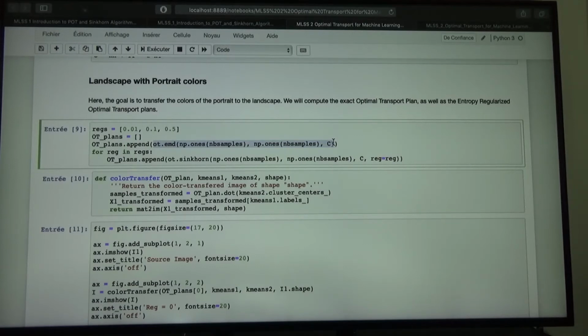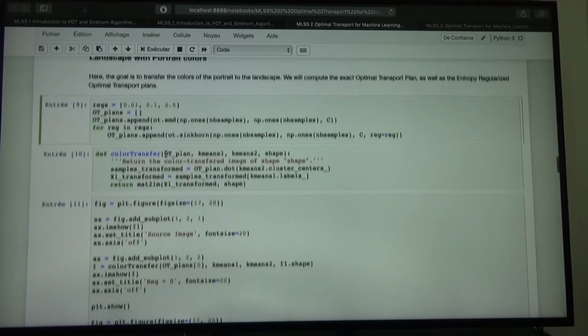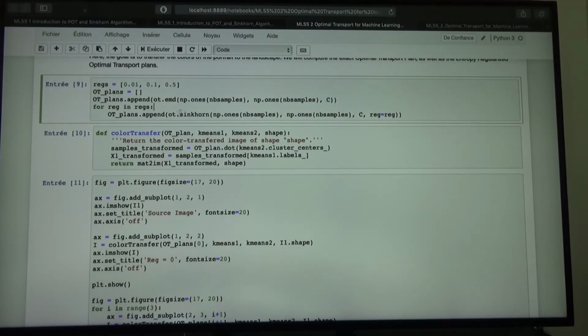So for reg in regs, for the different regularization strengths that we're going to look at, we compute the Sinkhorn optimal transport plan, the solution to the entropy regularized problem, by calling ot.sinkhorn, again with weights being uniform, so all equal to ones, and the cost matrix that we've just computed, and the desired regularization strength. And we save all those plans in this list, OT plans.